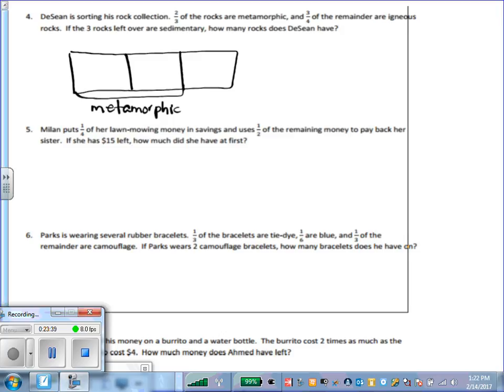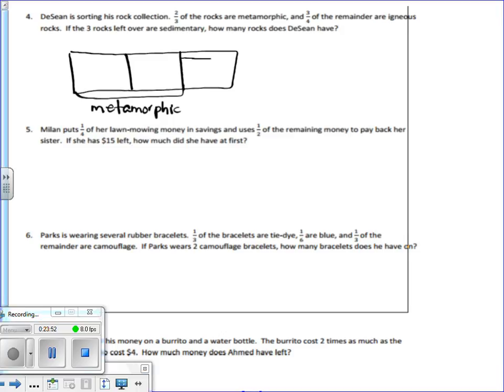If you can handle it going in the same direction, fine, you do you. But this is how I did it. I took it and I split it in 4ths going this way. You don't have to. I did. I took it and I was like, okay, this is the remainder. I put it in 4ths.